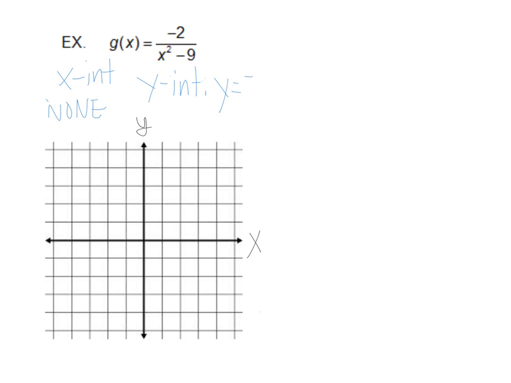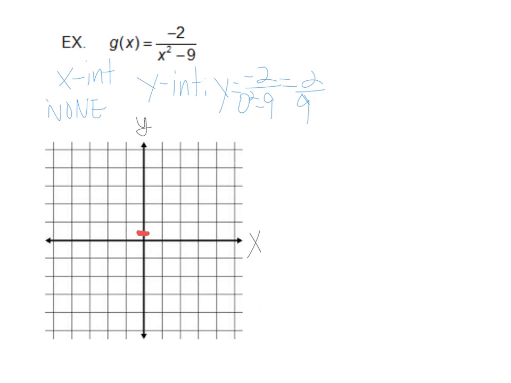Y equals negative 2 over 0 squared minus 9, which would be negative 2 over negative 9. Negative divided by negative is a positive, 2/9. So that's barely up off onto the y-axis, 2/9. Just going to put it right there.